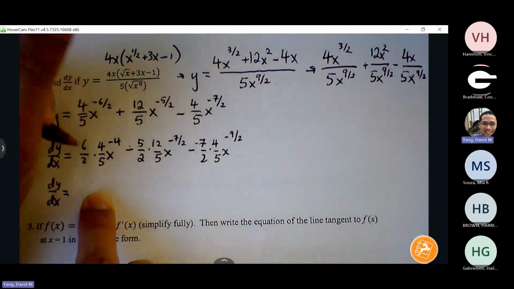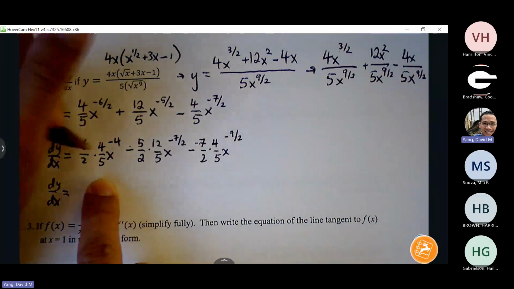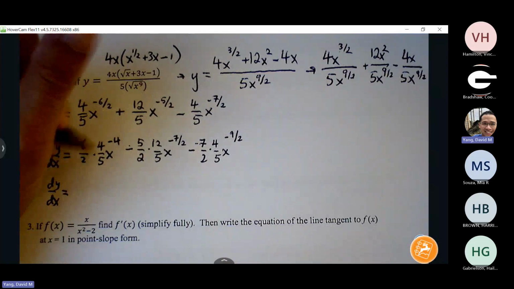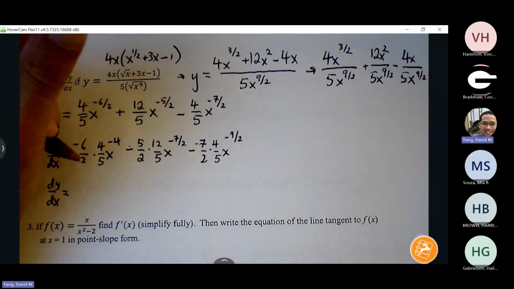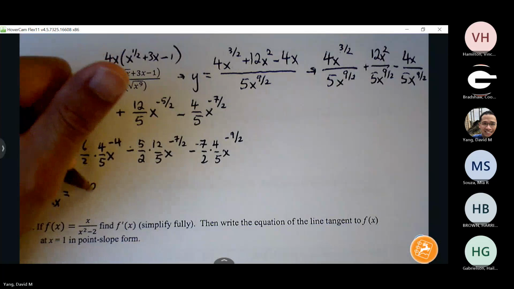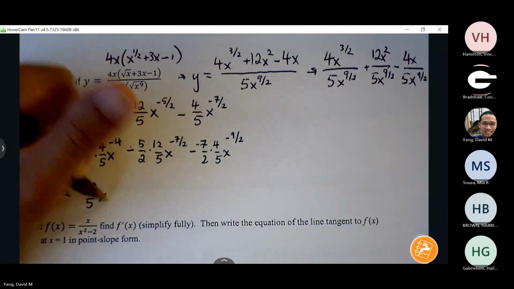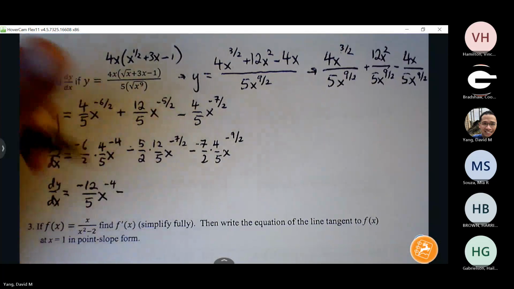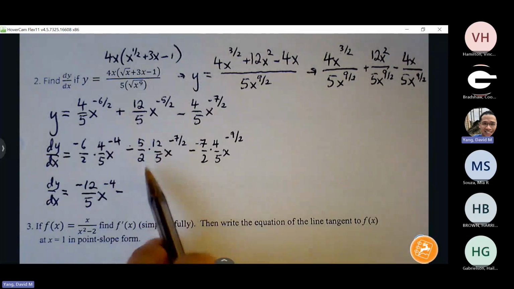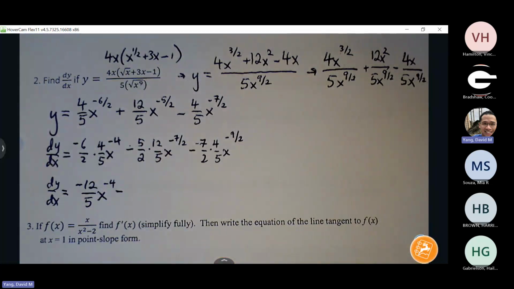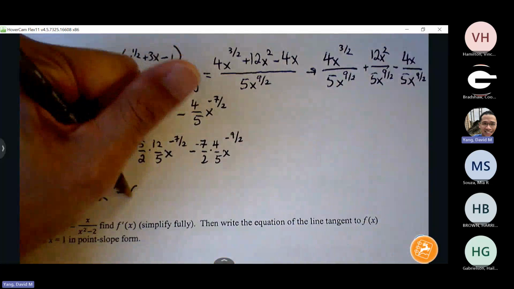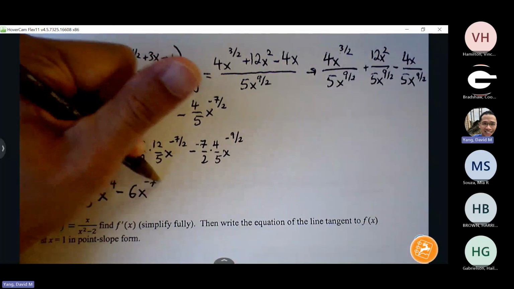So this ends up being -24 over 10, which I can reduce by 2. I can make it -12 over 5. The 5s can cancel out, and 12 over 2 can cancel out. I get 6x to the -7/2.